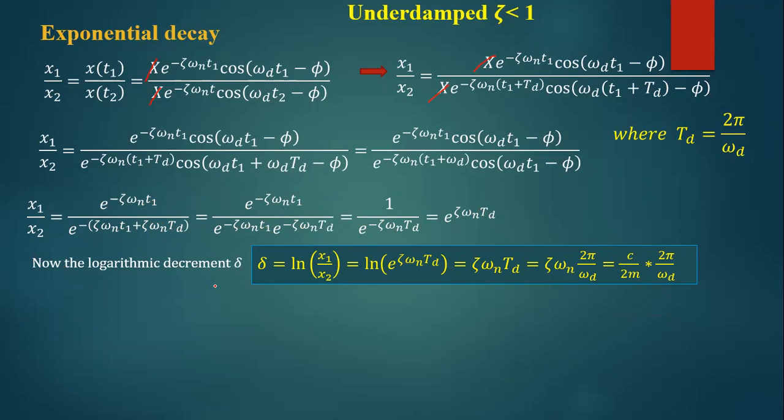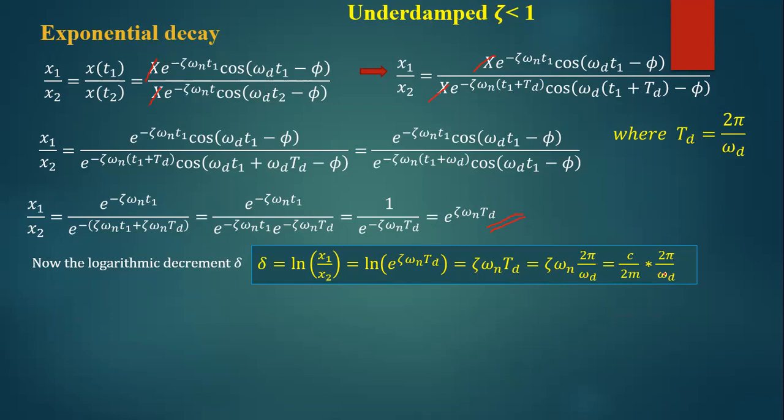Now the logarithmic decrement delta is equal to the natural logarithm ln of x1 over x2. So it gives us ln of e^(zeta omega_n T_d), which finally gives zeta omega_n T_d.